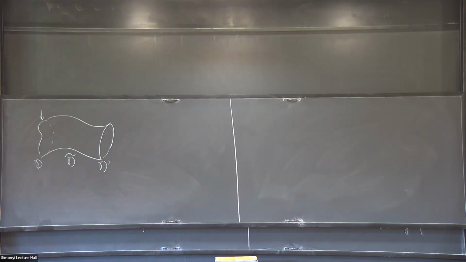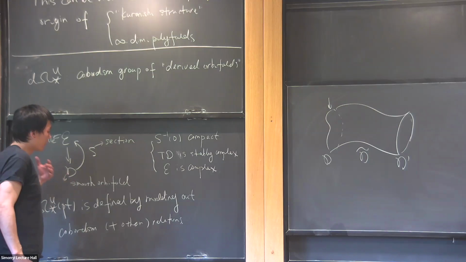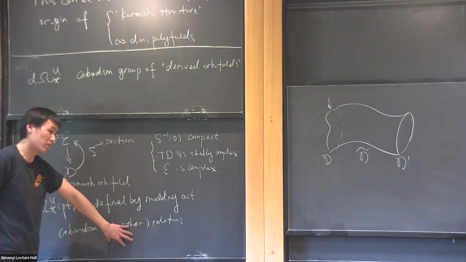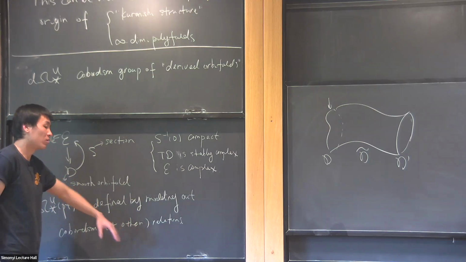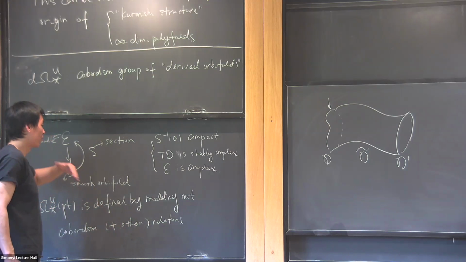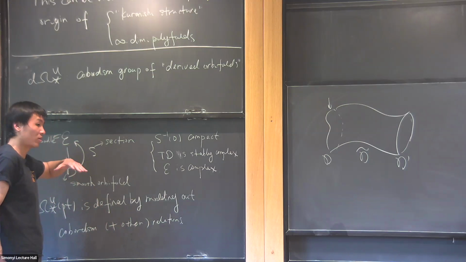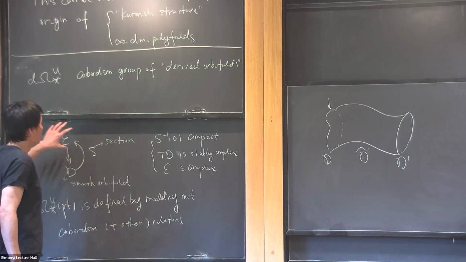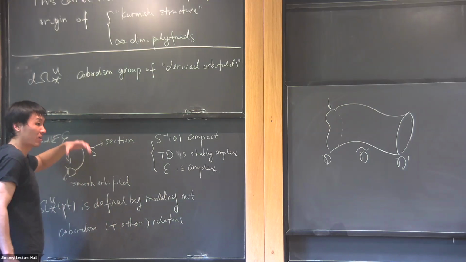A technical question: for the orbifolds, do you assume something about the singularities being effective, or is that not necessary? So I can introduce another equivalence relation, which is a stabilization relation. We can thicken up the orbifold by replacing it with the total space of a vector bundle, and also replace the bundle by the direct sum of this bundle with the pullback of that bundle.